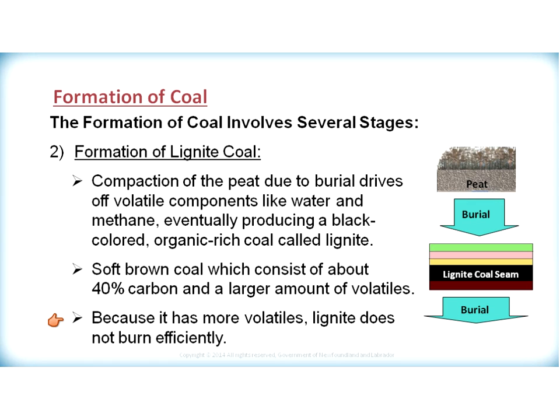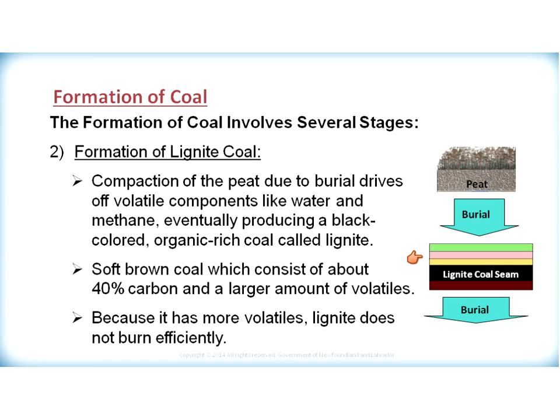So if we look at the diagrams to the right, we can see that peat, which is once decayed vegetative matter, gets buried by sediment layers. As the sediment layers bury the peat deep within the earth, the weight of the layers above it will compress the peat and volatiles will be lost.